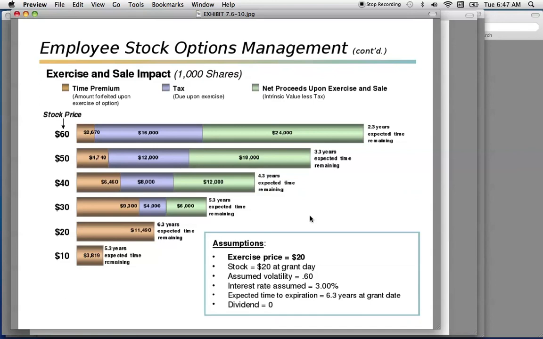The risk of holding employee stock options is greater when the stock's at 30, if you have the right to buy it at 20, than if the stock's at 40 or 50. Yes, the absolute risk is greater when the stock's at 50 as opposed to 30, but the options themselves are more volatile when the stock's at 30 than when the stock's at 50. And that is what determines risk.